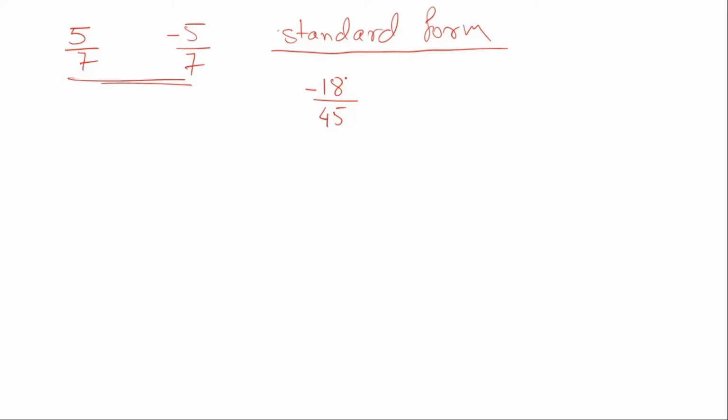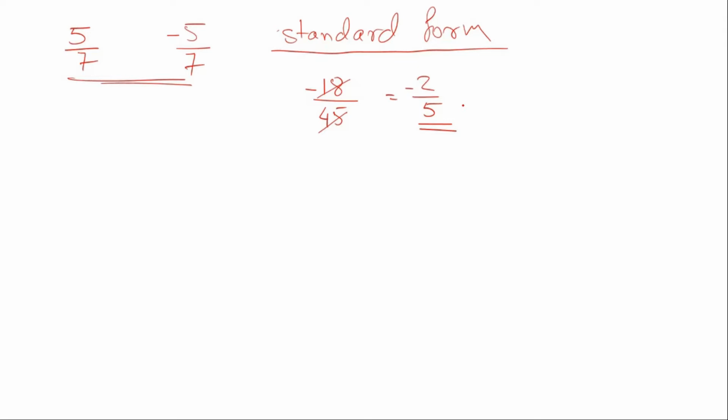If I divide 18 by 9, it will be minus 2, and if I divide 45 by 9, it will be 5. Now we cannot divide minus 2 and 5 anymore, so this rational number is in standard form.